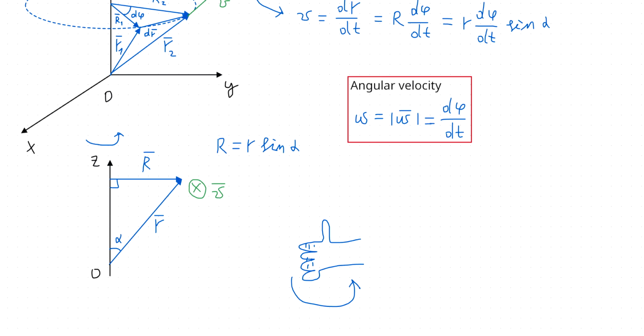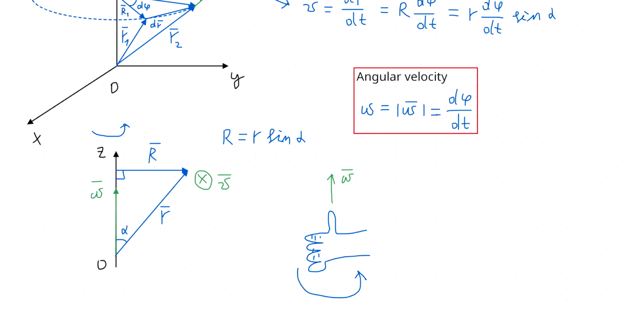So on this picture the direction of angular velocity will be here. This direction is the same as the direction of the axis of rotation.